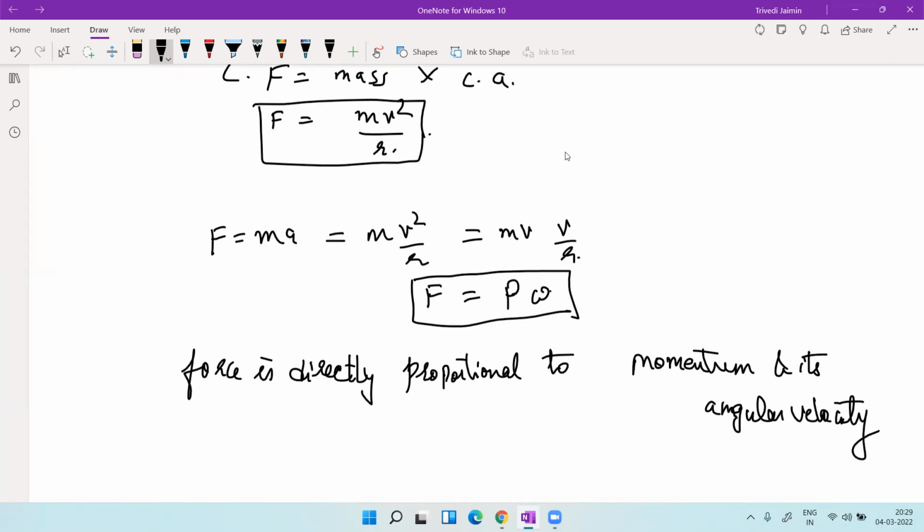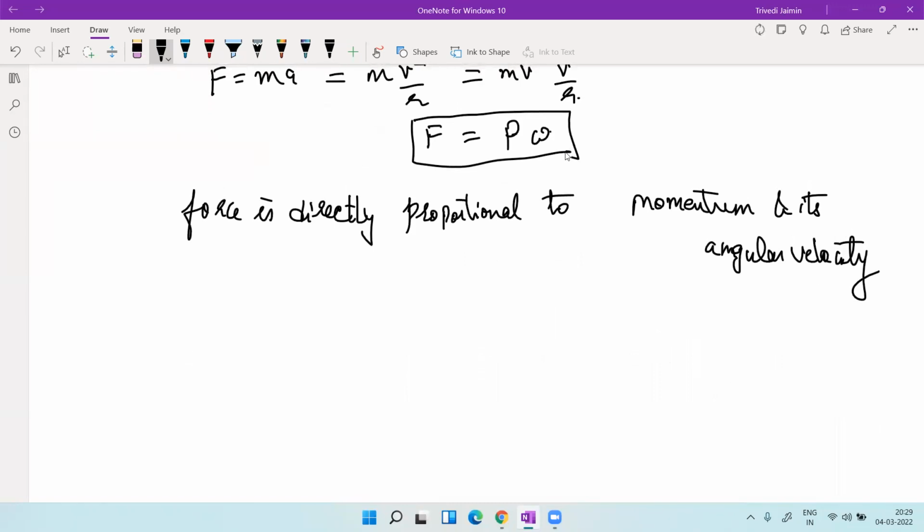Okay. So let's write some points to remember about centripetal force. Magnitude of centripetal force is F equals mv square by r.